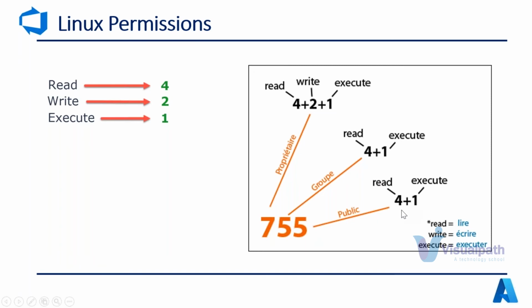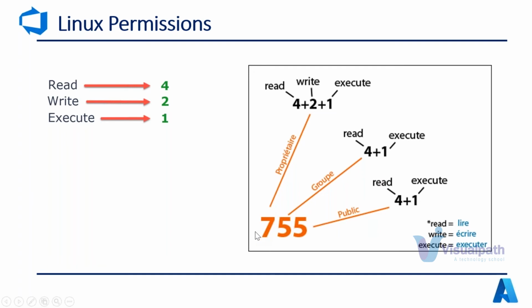Generally in interviews they ask: in Linux, if a file has permissions 754, then who can access that file? You need to process it. The first numeric 7 is for the owner.